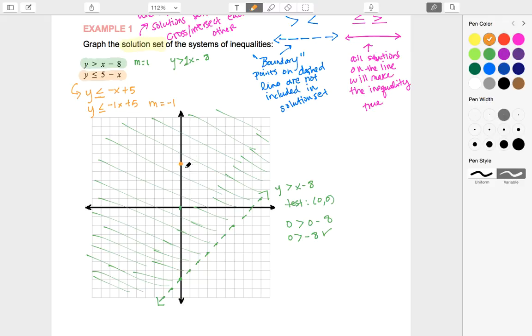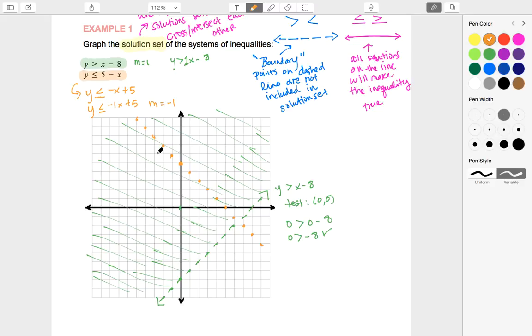Here's positive 5. And then our slope is negative, so I'm going to go down 1 and right 1. I'm going to keep doing that. And here we go. More points, more points, more points. And the other direction as well.